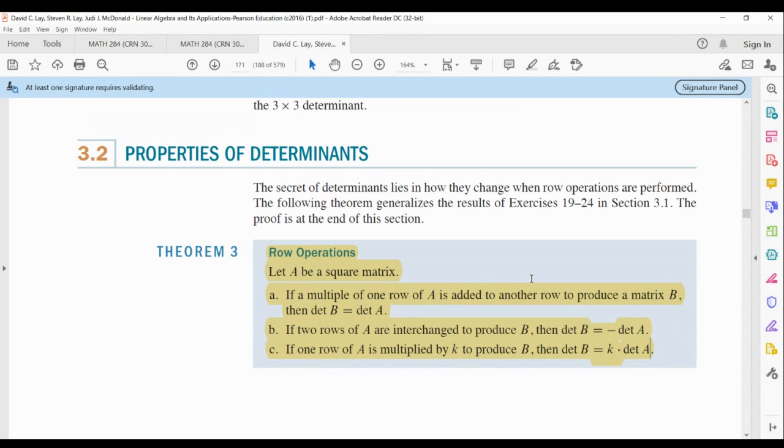The first rule says if a multiple of one row is added to another row to produce a new matrix B, or a row equivalent matrix B, then the determinants of A and B are the same.